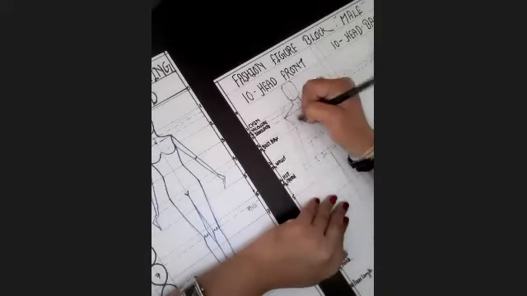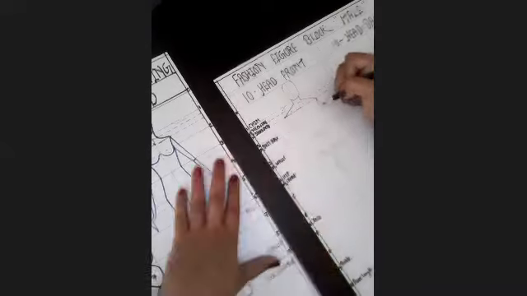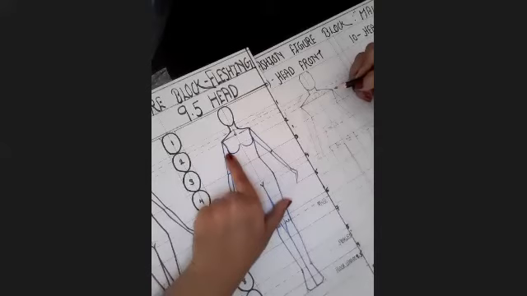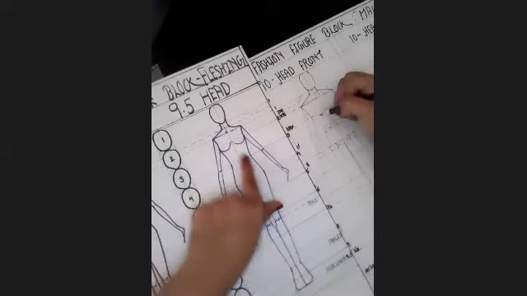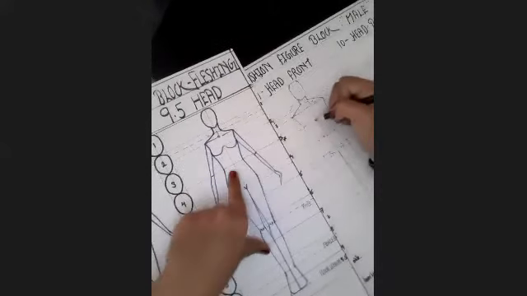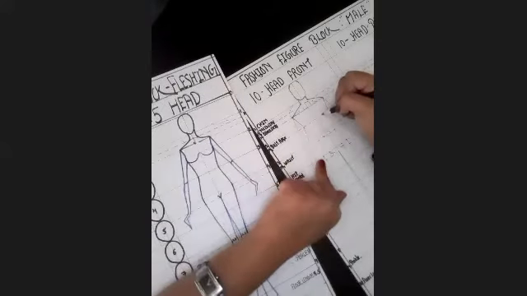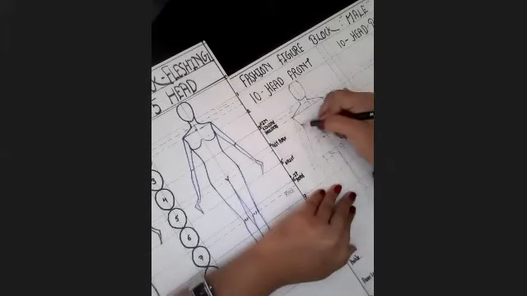Second thing is the shape of the apex. This is your apex point, and this is going around the apex point. The apex point is in between, the center. So now how the apex will fall for the male is going to fall like this.